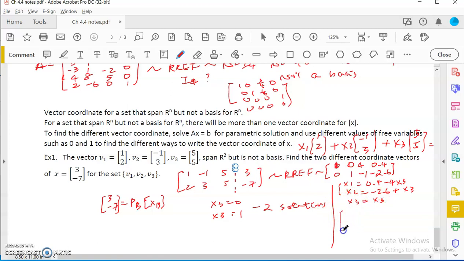So in parametric form, (x1, x2, x3) equals x3 times (-4, 1, 1) plus (0.4, -2.6, 0).